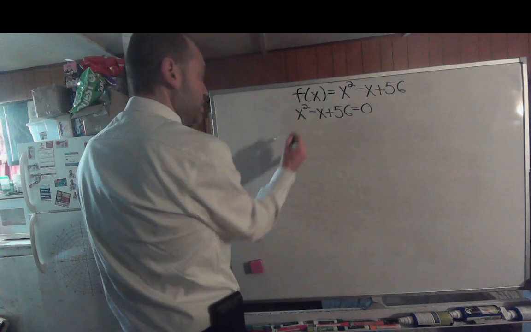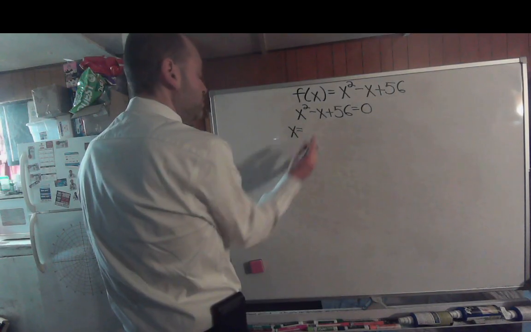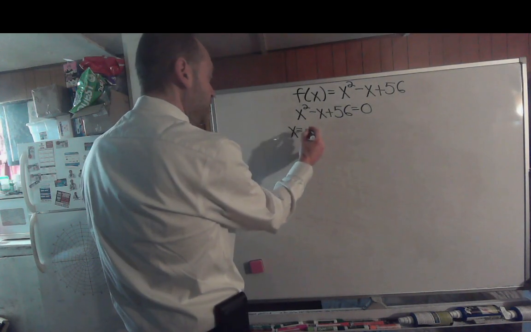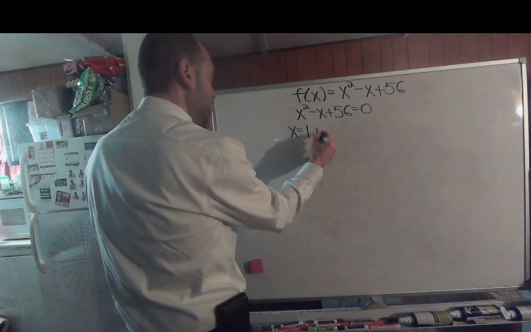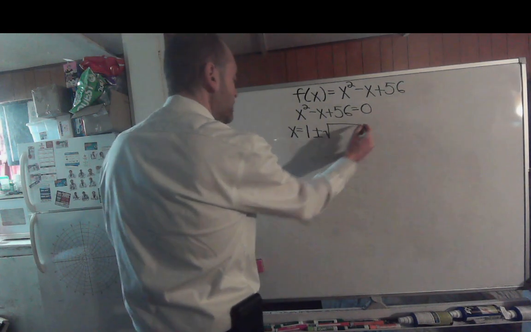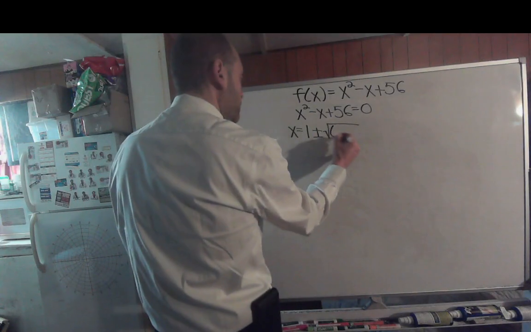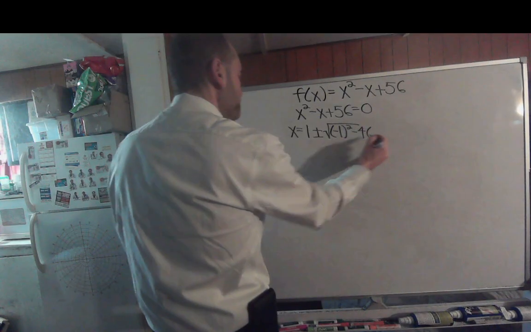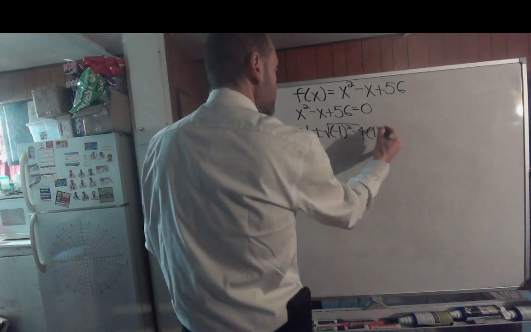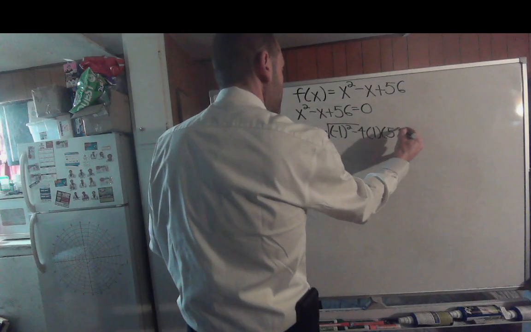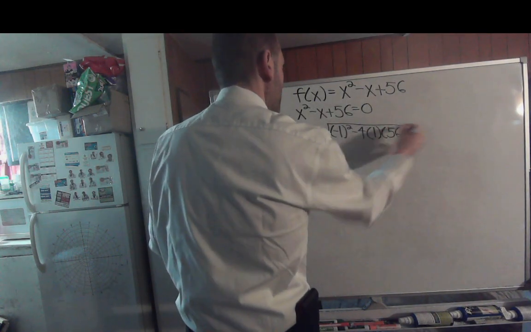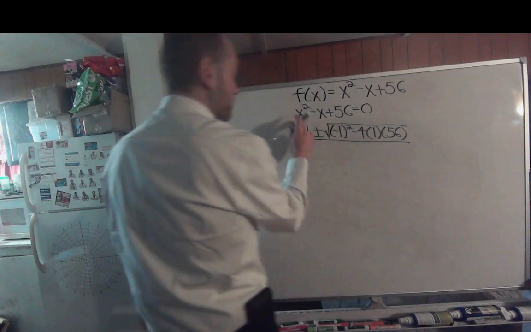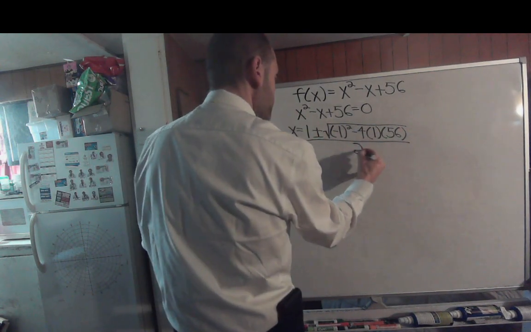So use the quadratic formula. X would equal the negative of negative 1, so that'd be positive 1 plus and minus the square root of negative 1 squared minus 4 times 1 times positive 56, all over 2 times 1, which would just be 2.